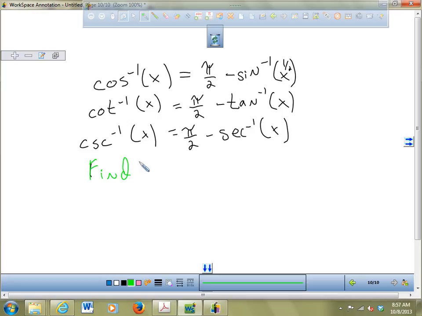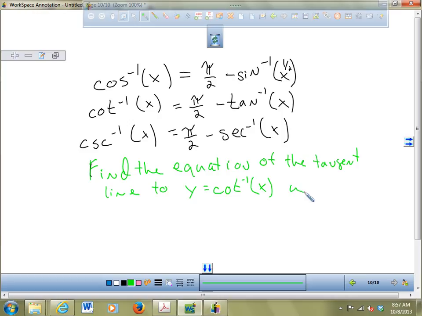Find the equation of the tangent line to y equals inverse cotangent of x when x equals -1.